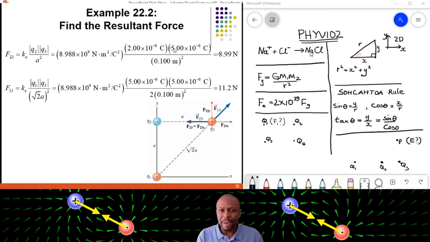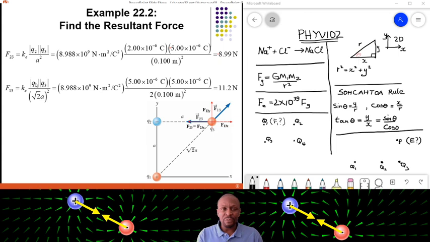Therefore, this force must be negative 8.99, so that you have a minus there. This minus tells us whether it was attraction or repulsion. In this case, because the charges are of different or opposite sign, it must be attraction. So a negative sign implies that this is an attraction force.